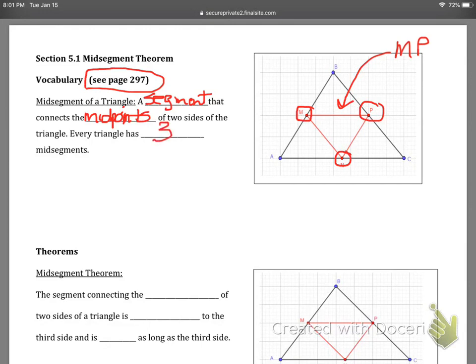Okay, so let's talk about this for a second. Midpoints by their very nature divide segments into exactly equal parts. Okay, so I'm going to change the color again.